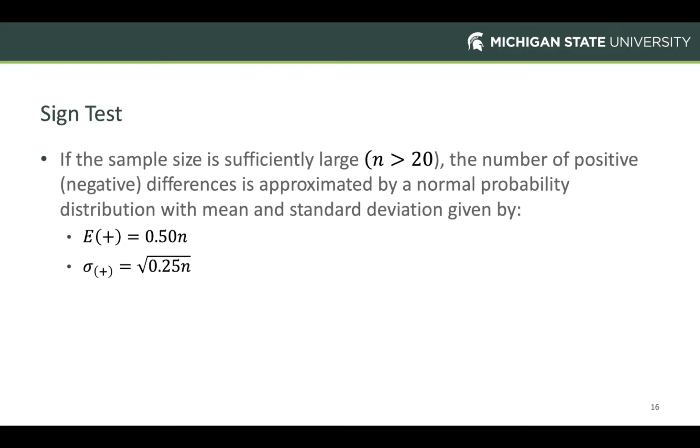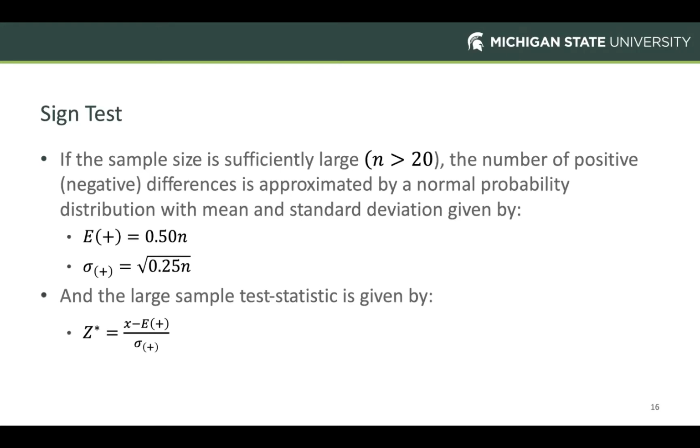And again, if you recall back to statistics, you probably talked about how the binomial distribution can be approximated by the normal distribution at large samples, and this is what the mean and standard deviation of those quantities would be in that context. And so if that's the mean and standard deviation of our number of successes or failures, we can use those in a standard normal test and simply take our number of successes minus the expected number of successes if the null were true, divided by that corresponding standard deviation.